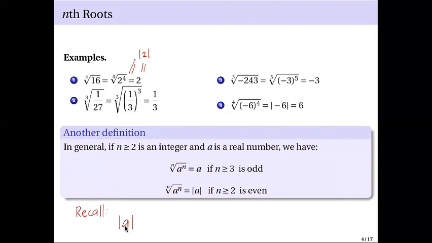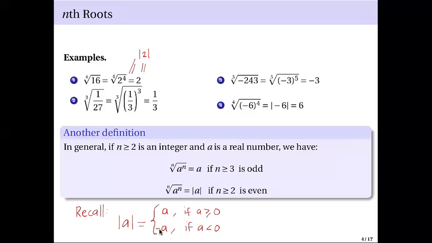If a is negative, we remove the negative sign. So roughly, this is the definition. That's equal to a if a is greater than or equal to 0, and we have negative a if a is less than 0.